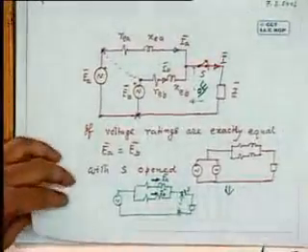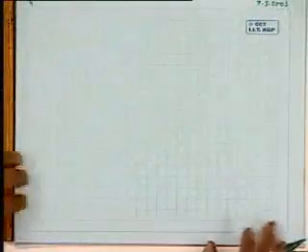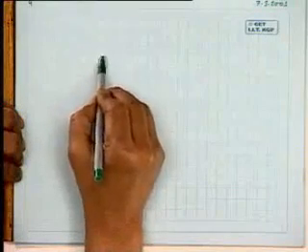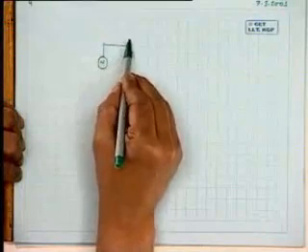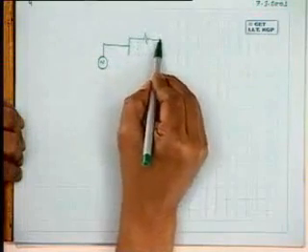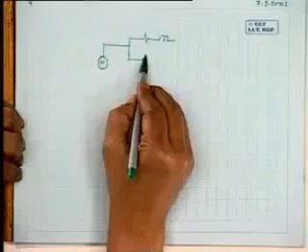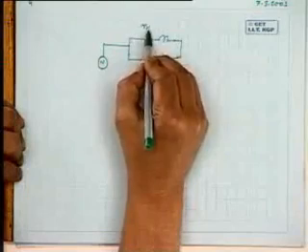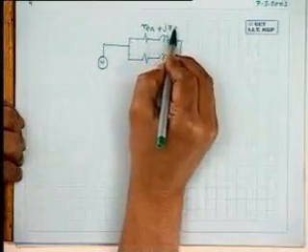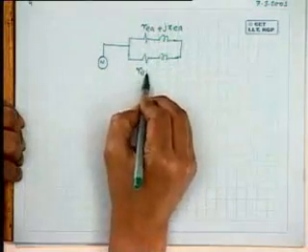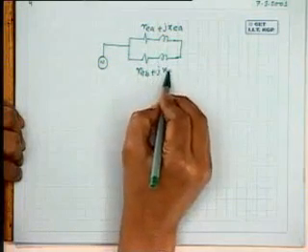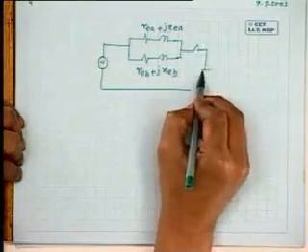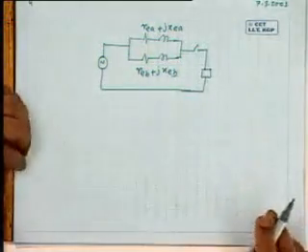So we will refer to this simplified diagram. How it has been obtained, I have told. Now in parallel operation, we will do like this. There is as if a single source of voltage. This I will call REA plus jXEA, and this REB plus jXEB, and this is the load connected.